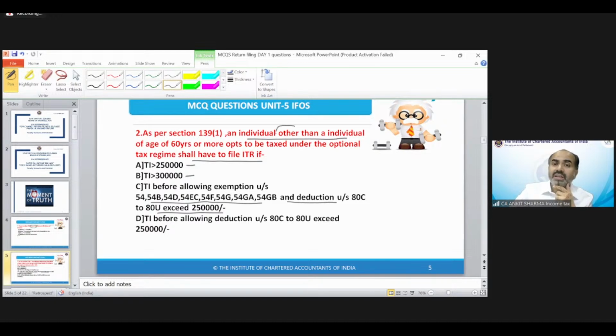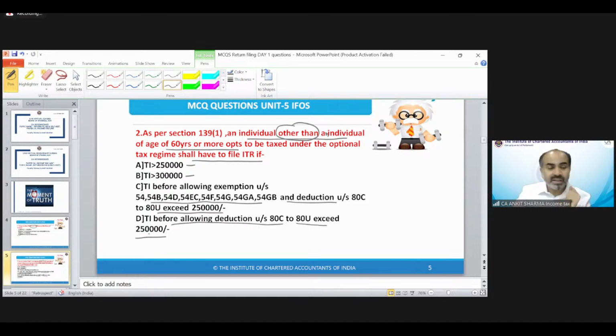Individual other than an individual of age 60 or more, or total income before allowing deduction of section 80C to 80U exceeds 2,50,000.